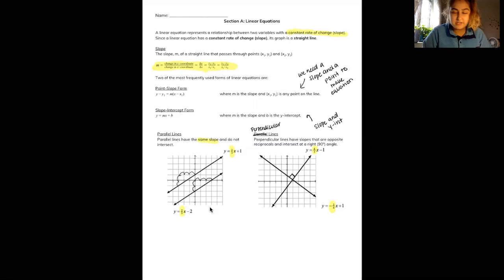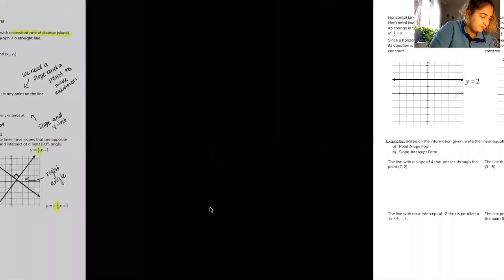So parallel, they never touch. Perpendicular, they have a right angle. Cool. So that's all I want you to know about that so far.